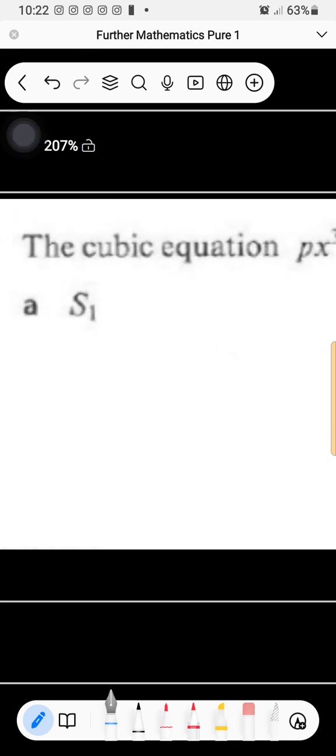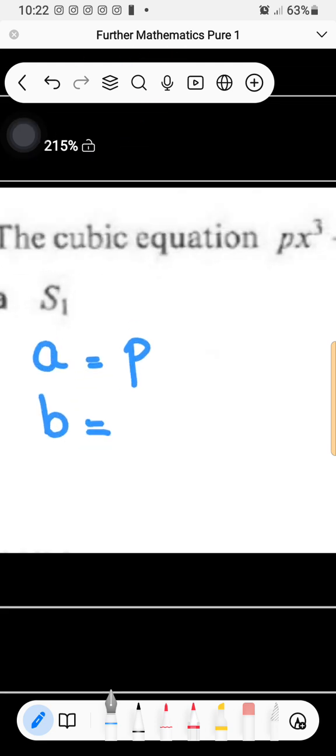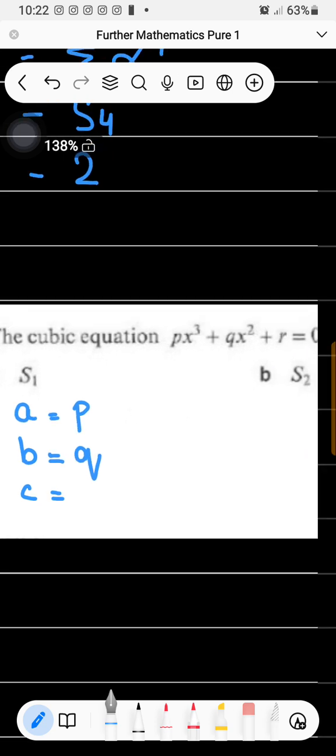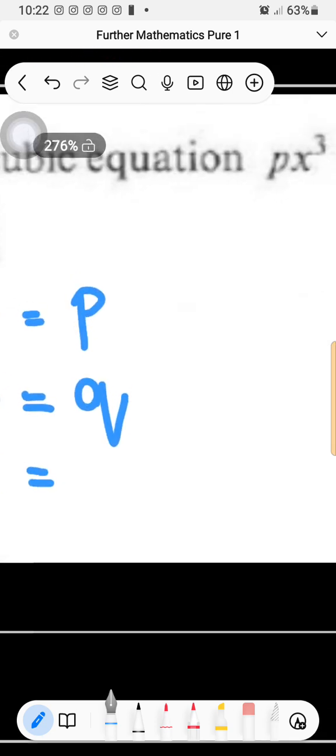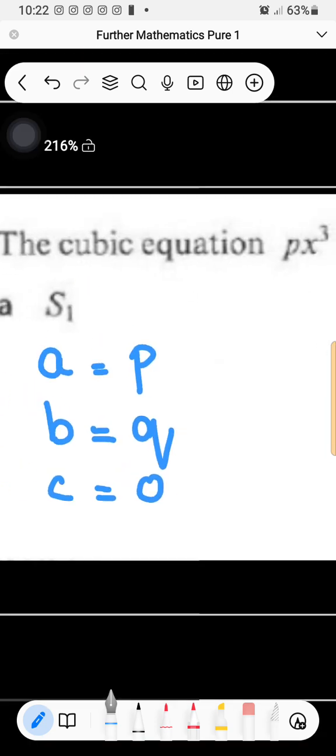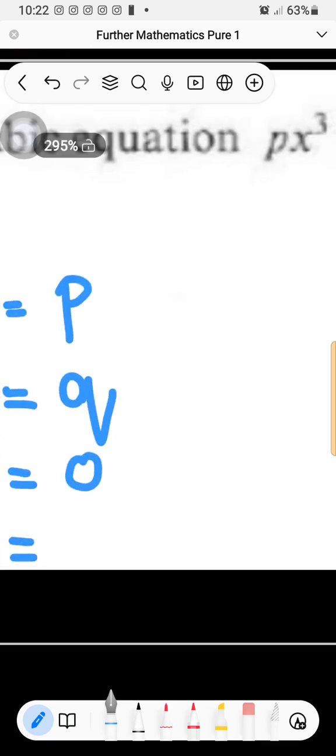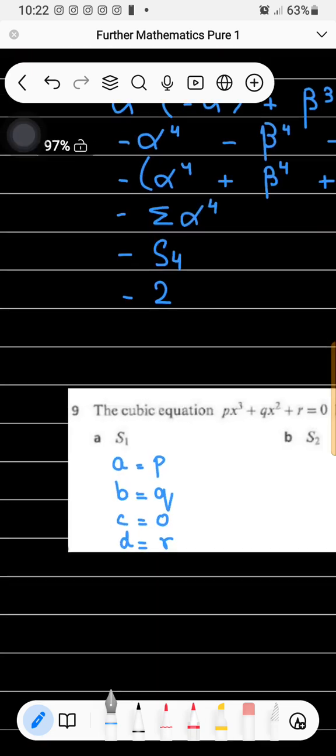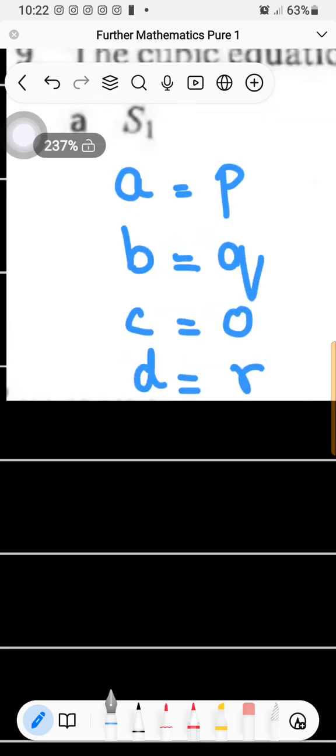First of all, we write a equal to p, b equal to the coefficient of x square, which is q, and c equal to the coefficient of x. We can't see x in the equation, so it is 0, and the constant here is r. The question is asking to find S1.